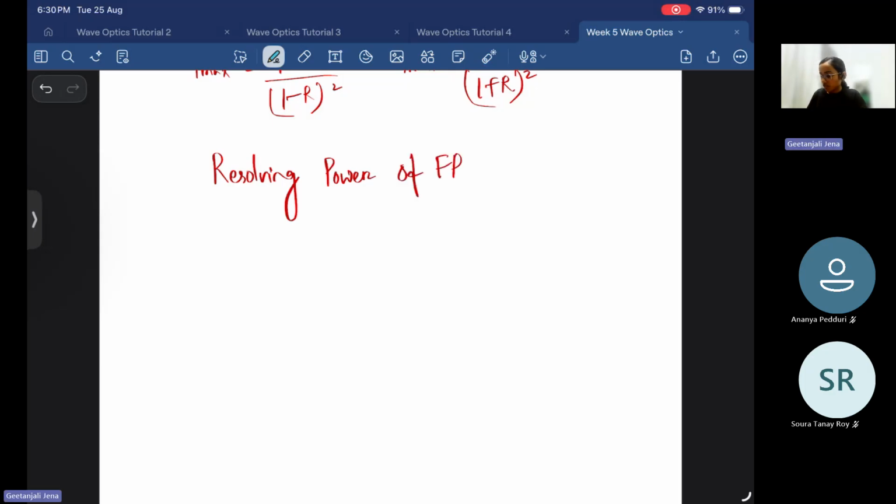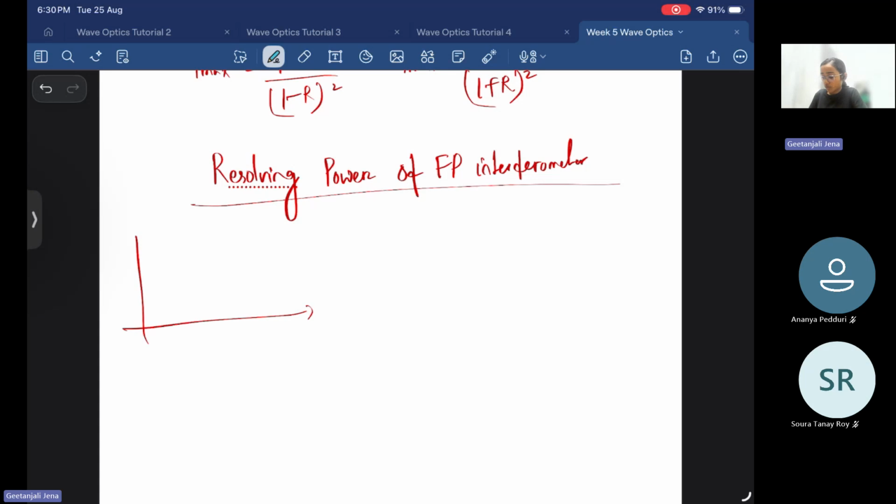So if you recall, let's say we have a source that has more than one wavelength component. If you recall the sodium source, it has two wavelengths that are close, with quite a small separation.